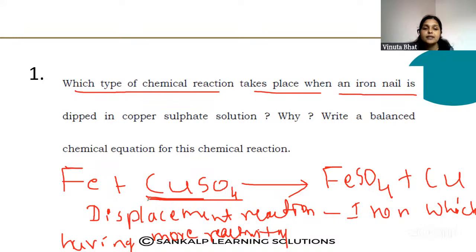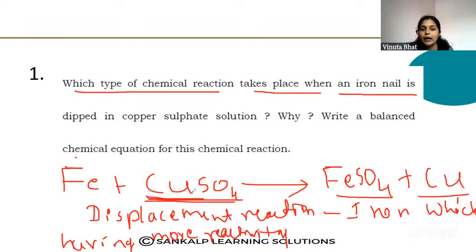Copper has less reactivity than iron, so iron displaces the copper from the copper sulfate solution. Okay, so that is the reaction: FeSO4 plus Cu.